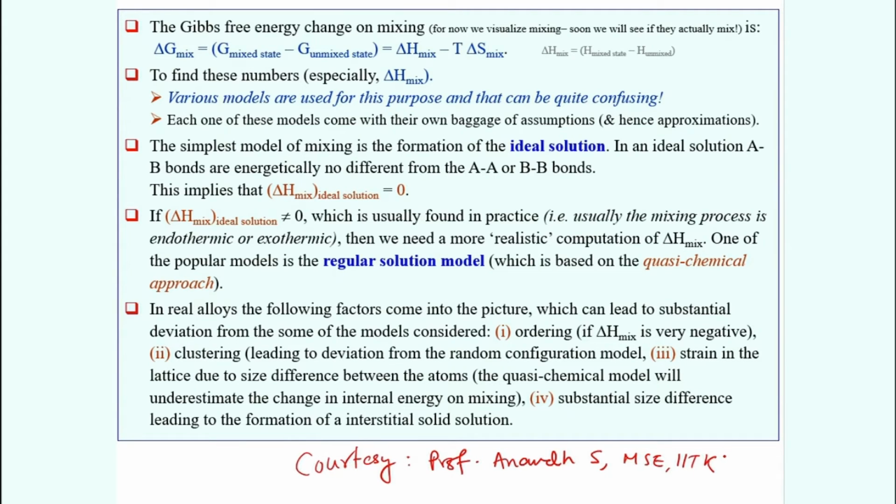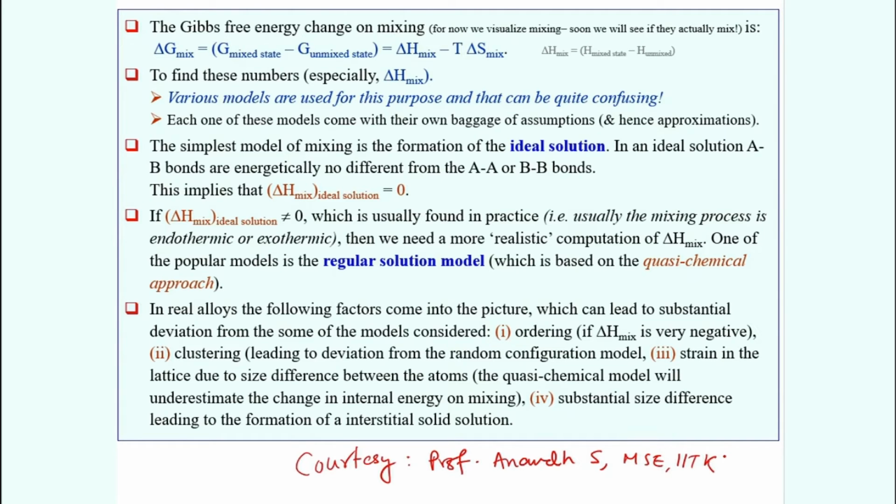Now, depending on the values of delta H mix, there are different kinds of solutions possible. First, obviously this is related to bonds. If you have two pieces A and B, like salt and water, they are molecules. Salt is NaCl, water is H2O.